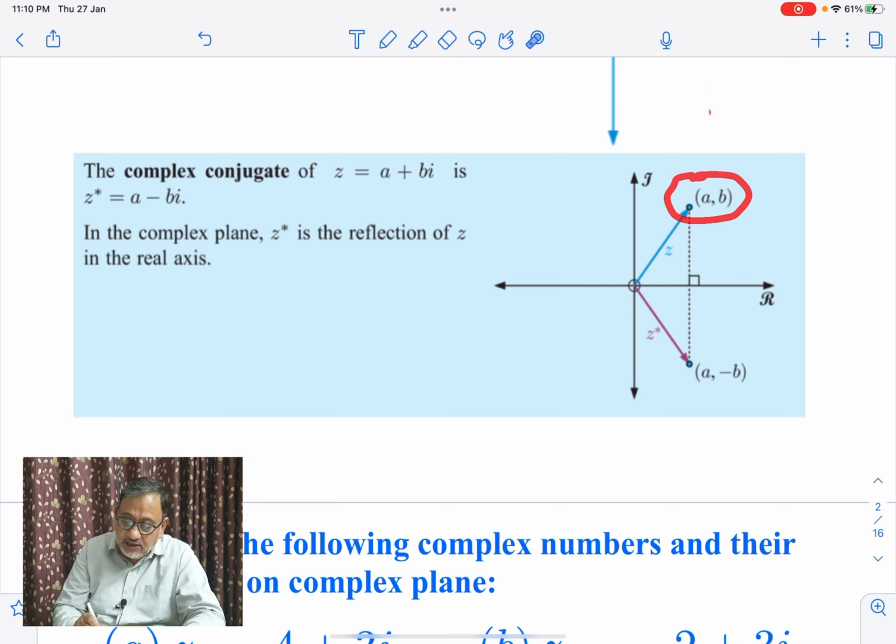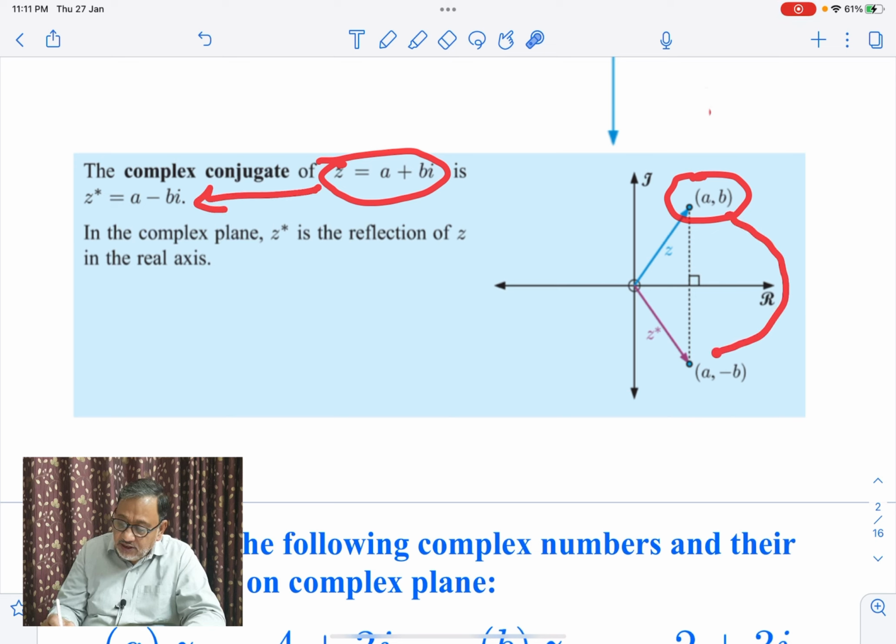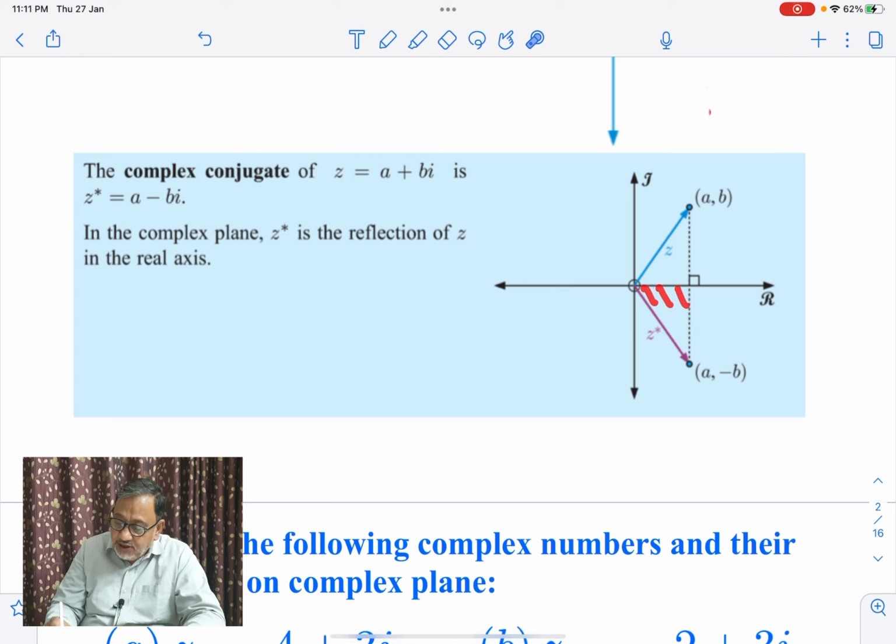Now its conjugate is represented as a reflection in the x-axis. So the real axis will be treated as a mirror line and the reflection of the upper complex number will be below the real axis, and it will be represented by a comma minus b.